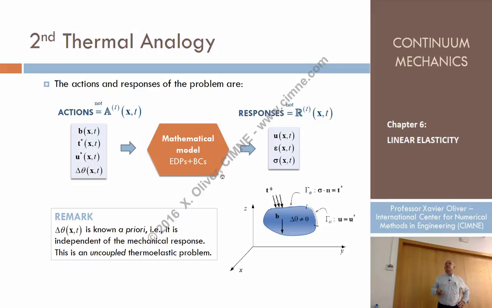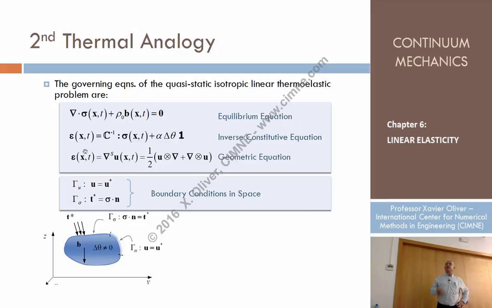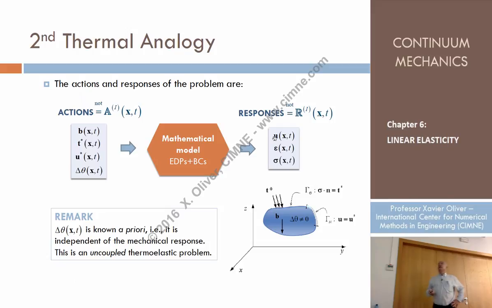And these are the set of equations of this problem, partial differential equations plus boundary conditions, and then we obtain the response 1, this is action 1, after introducing that into the machinery, by the way, that we don't have because it involves temperatures. We would obtain the displacements, the strains and the stresses, okay?